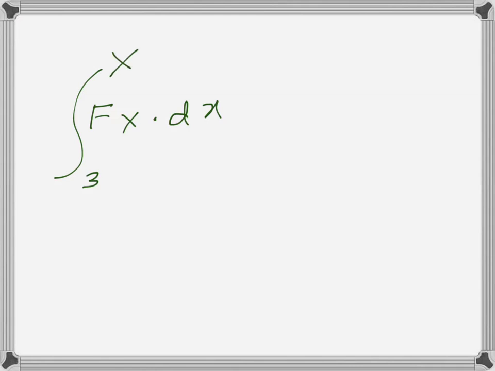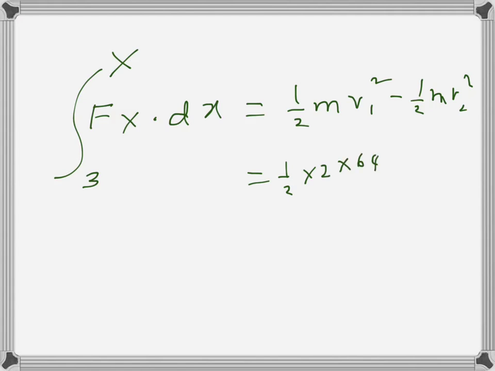We can call it an uppercase X maybe, and that will be half m. I have written the force as positive, so I will do the initial kinetic energy minus the final kinetic energy. So this is half into 2 into 64 like before, and this is half into 2 into 5 squared, which is 25.